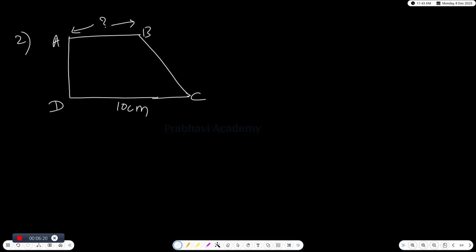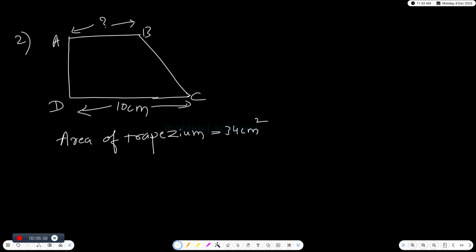This is the other parallel side, and the area of the trapezium is mentioned, that is 34 centimeter square. This I call A and this B. B is question mark. So here A is equal to 10, B is question mark and H is 4 centimeter.